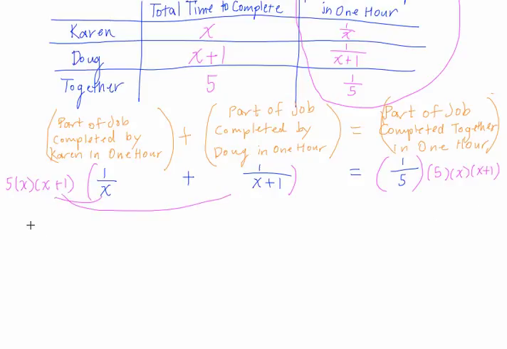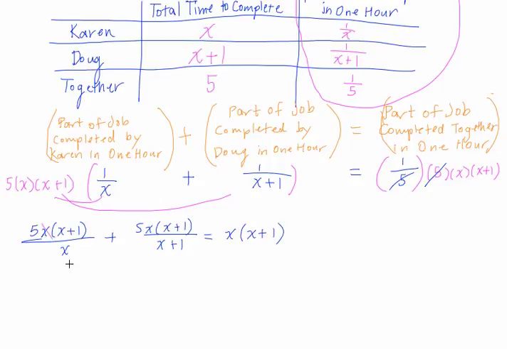Distributing that out, we get 5x times x plus 1 over x plus 5x times x plus 1 over x plus 1 equals, over here on the right we can cancel those 5's, so we just have x times x plus 1. Now that everything's factored, we end up with 5 times x plus 1 plus 5x is equal to x times x plus 1.